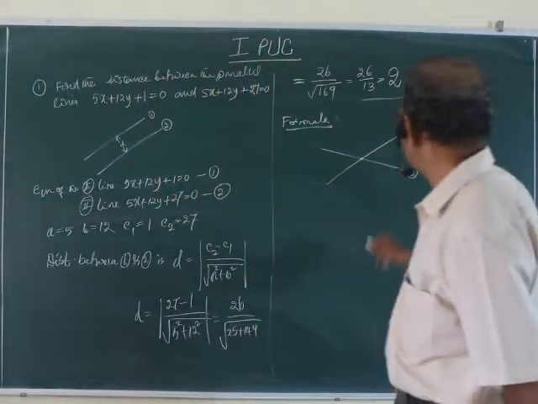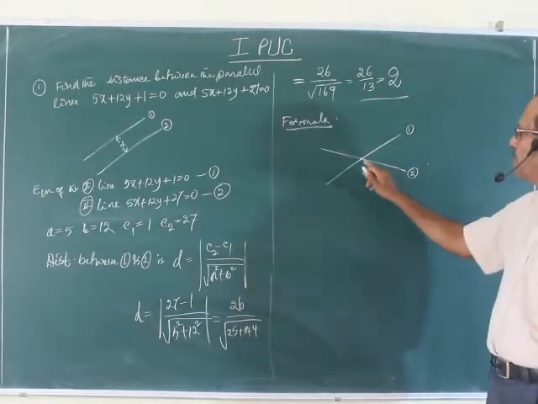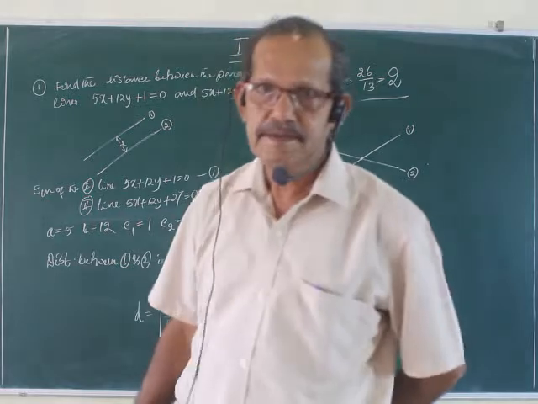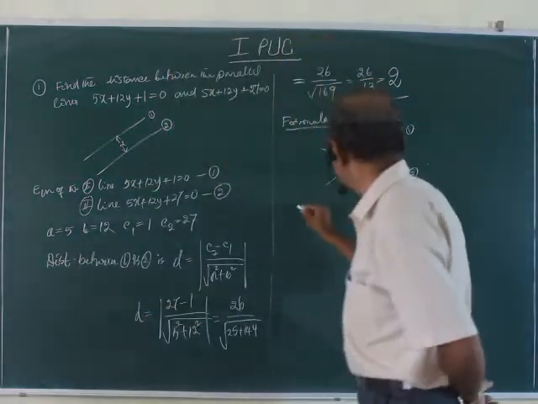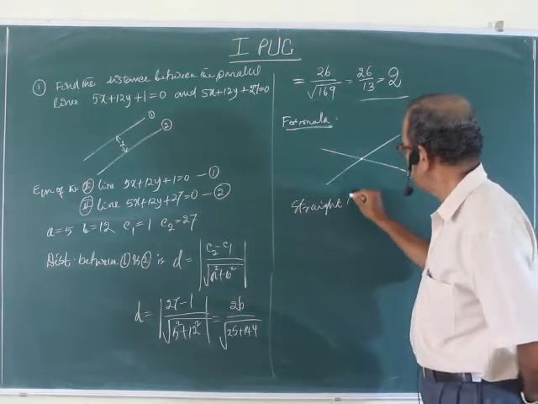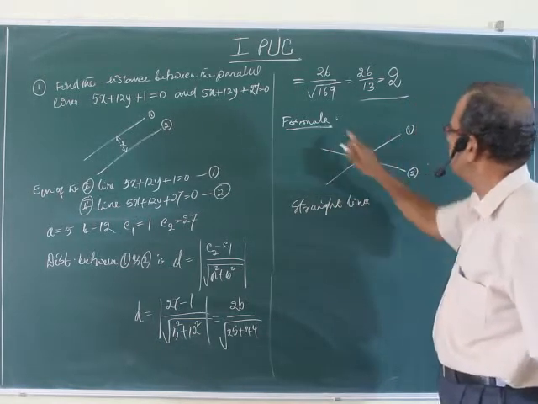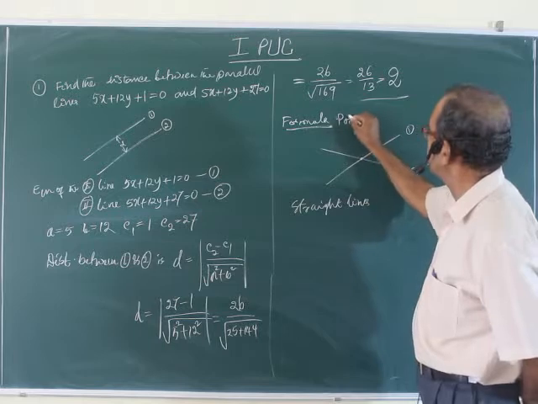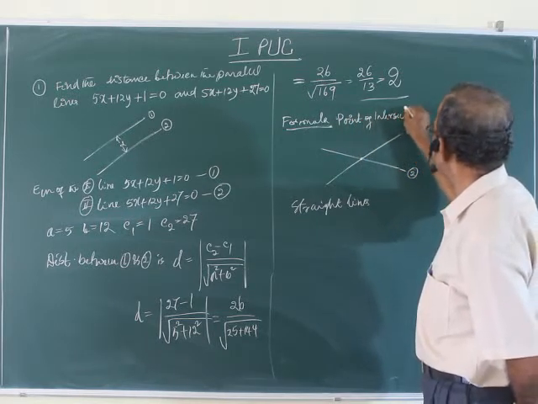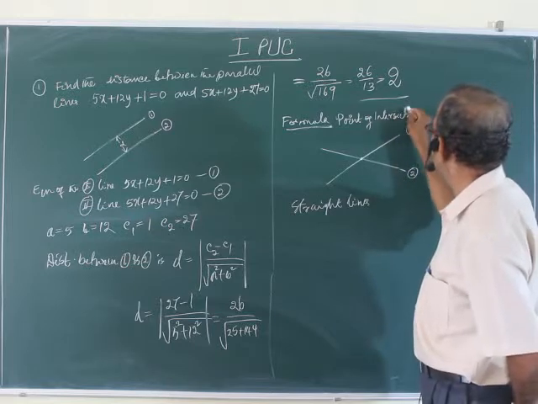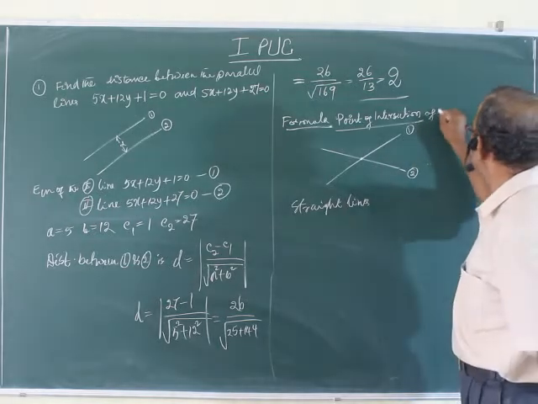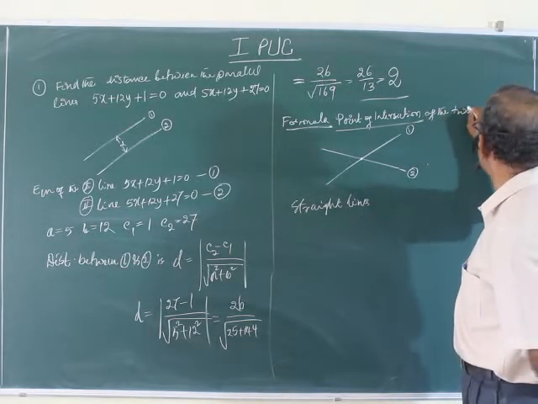Given the equations of line 1, line 2, find the point of intersection. Straight lines, formula, point of intersection. How to find the point of intersection of the two lines?